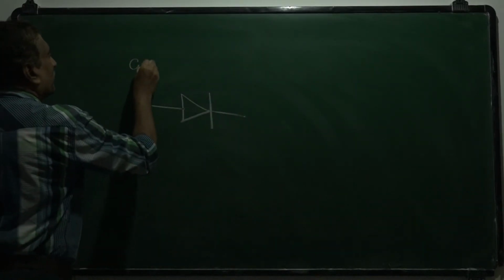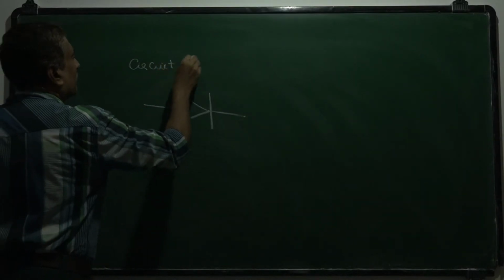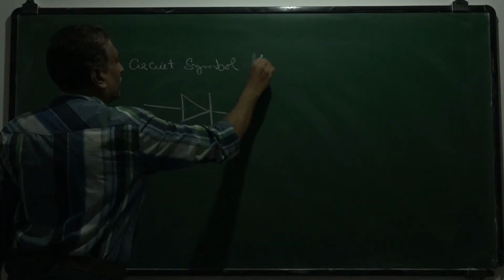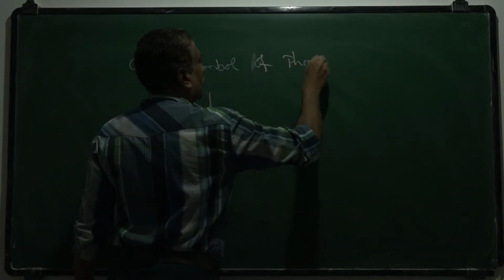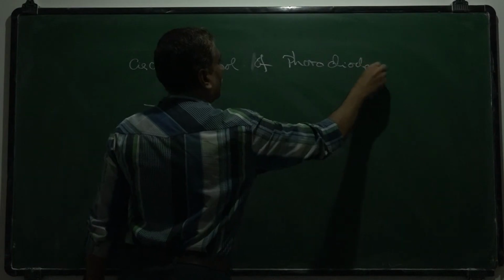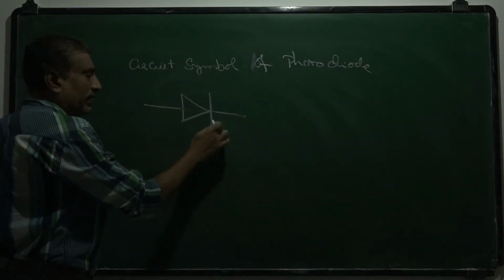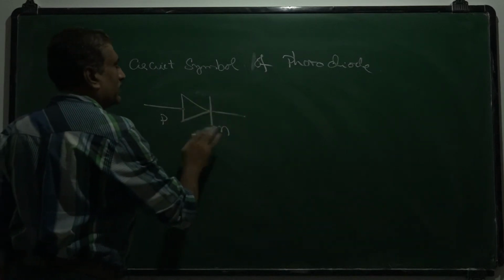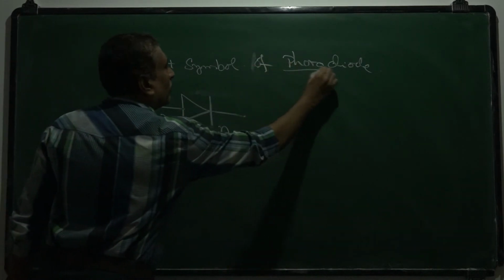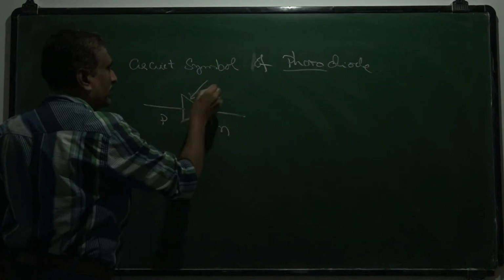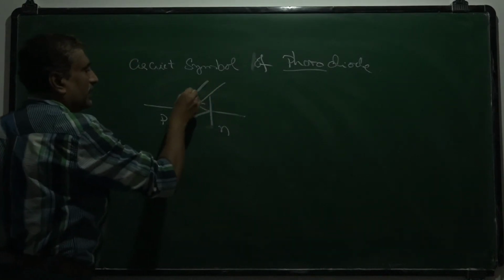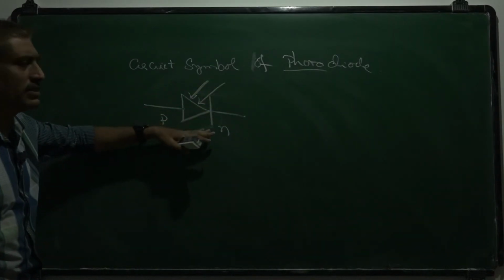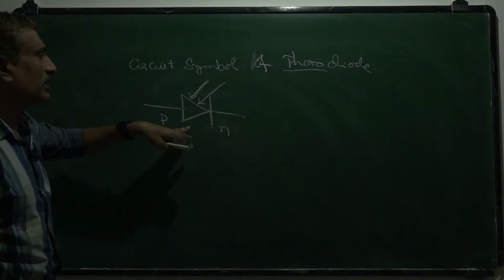The photodiode is already a PN junction, this indicates P, this is N. In this PN junction, light is incident, since photodiode means light is incident on the PN junction, so it is indicated like this. This is the circuit symbol of the photodiode, and the solar cell is also similar.